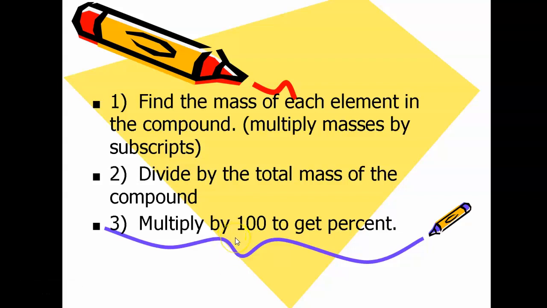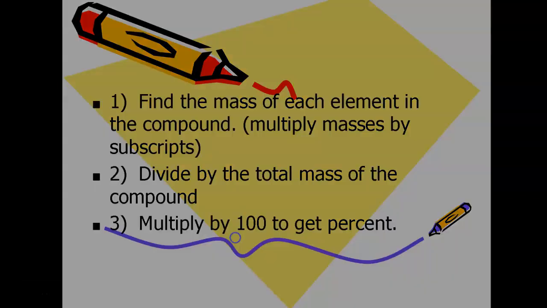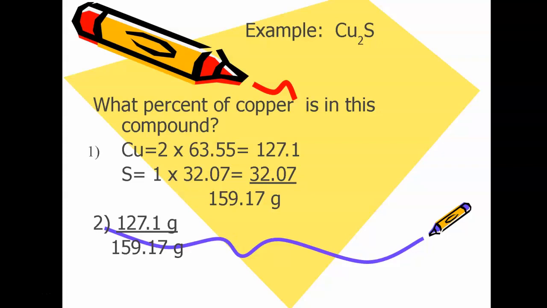So let's take a look first at some examples of this. If we take an example of copper(I) sulfide, this is copper(I) sulfide. Now, how did I know that was copper(I) sulfide, just to remind everybody?